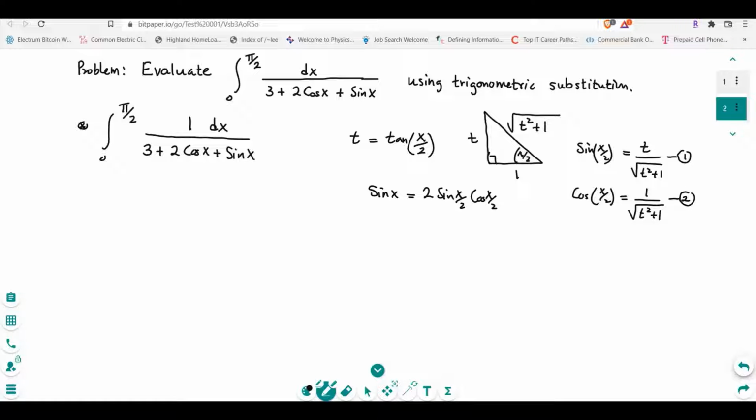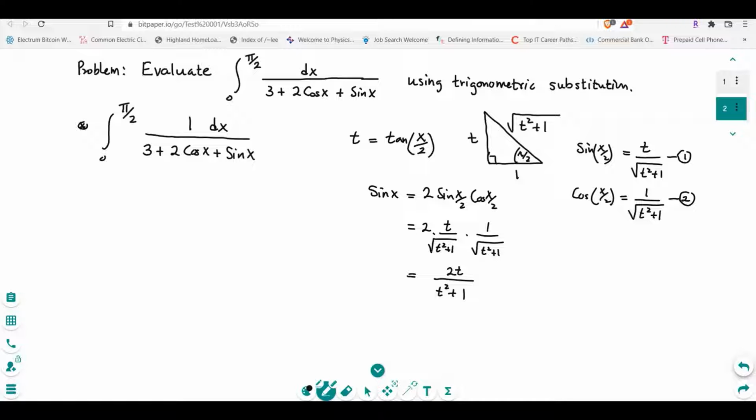So I have 2 times t over the square root of t squared plus 1 multiplied by 1 over the square root of t squared plus 1. So then I get sine x as 2t divided by t squared plus 1.